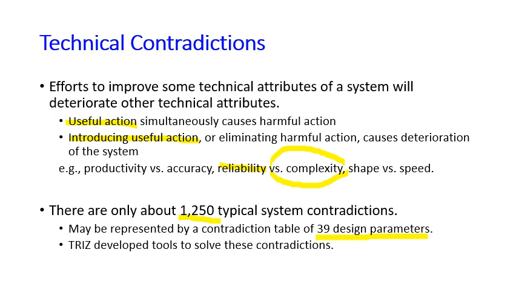So he saw a lot of contradictions, but those contradictions may be summarized into 1,250 typical contradictions, and further described by 39 design parameters. TRIZ developed tools to solve these contradictions based on these 39 design parameters.